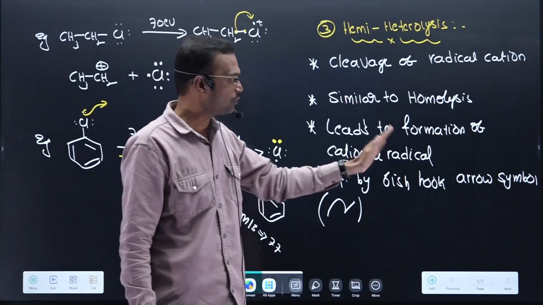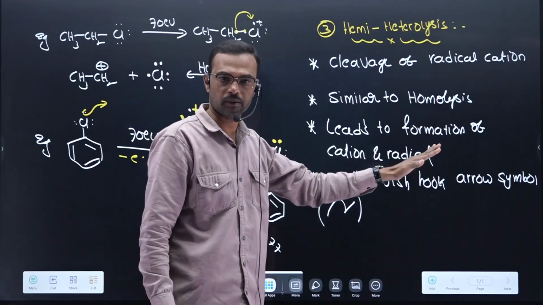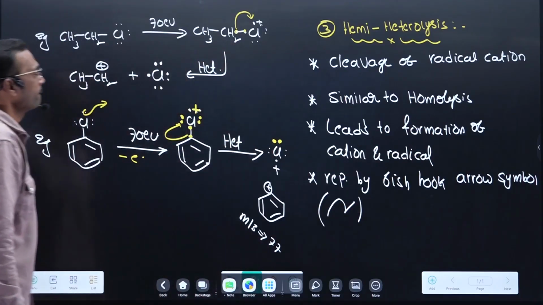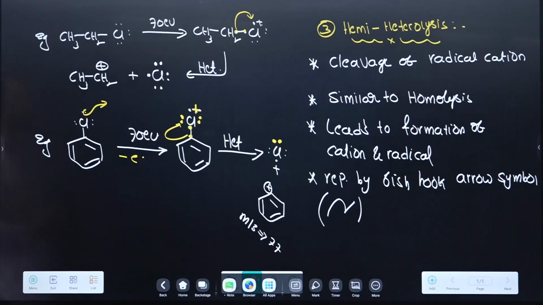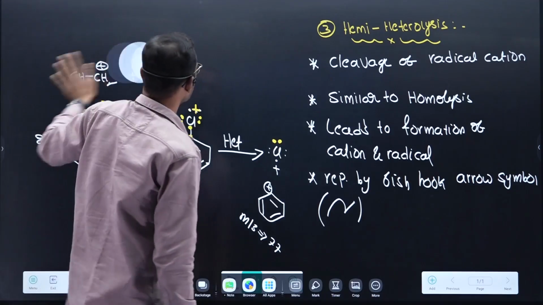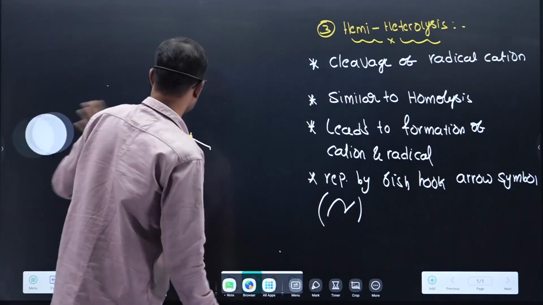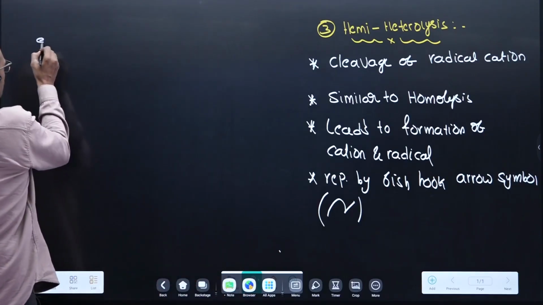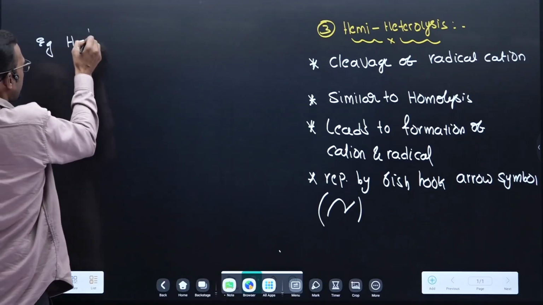Clear? You will understand while taking one example. Cleavage of a radical cation, similar to homolytic, leads to formation of a cation and a radical, represented by the fish-hook symbol. Suppose I take methane.